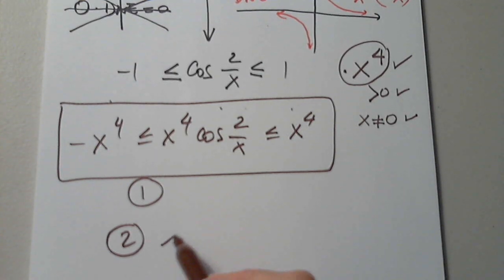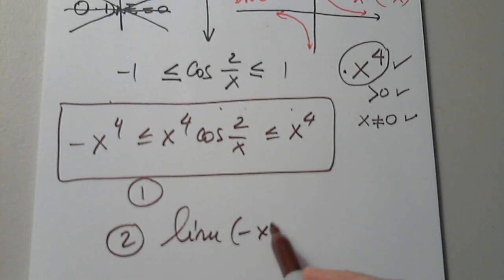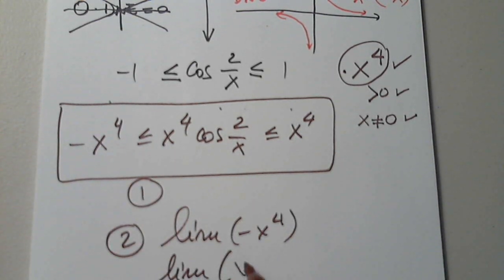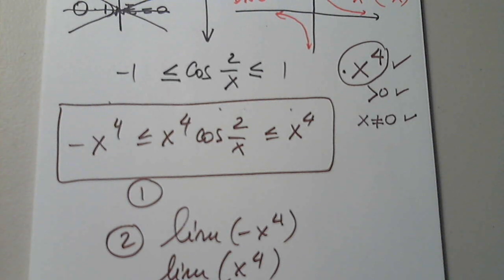The limit of each. Very good. The limit of negative x to the fourth, the boundaries, and the limit of x to the fourth when x approaches 0. Can anyone give us the answer for these two limits?